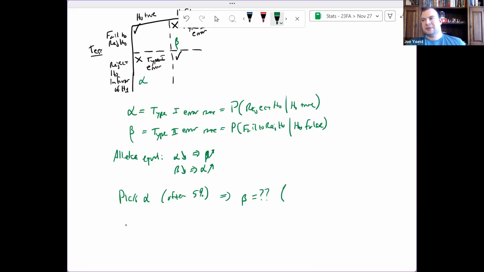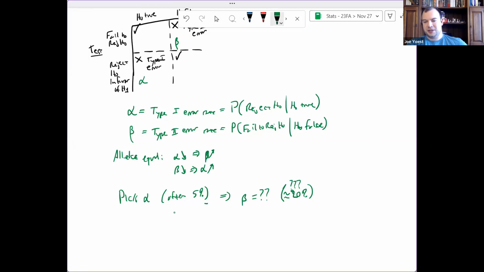It's somewhat consistent in medical literature that beta is around 20% when alpha is around 5%. But I'll put three question marks on that because there are a lot of caveats that go with that. That's something that we might talk about in the cautions and pitfalls presentation.